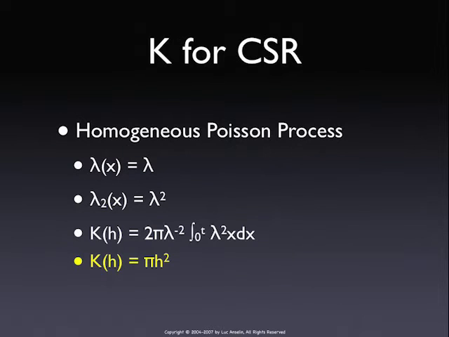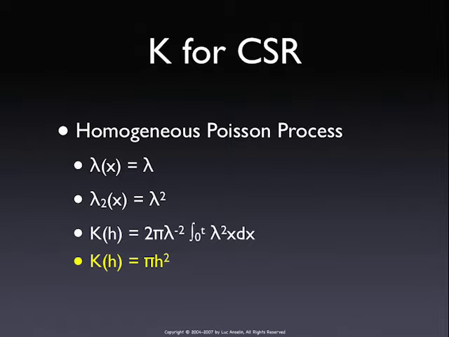As always, we want to know what is the K function for complete spatial randomness, and that actually turns out to be pretty straightforward because we know that the intensity is lambda. We just saw that the second order moment for a Poisson process is lambda squared, and then we just plug this into the expression that we just looked at with the integral.